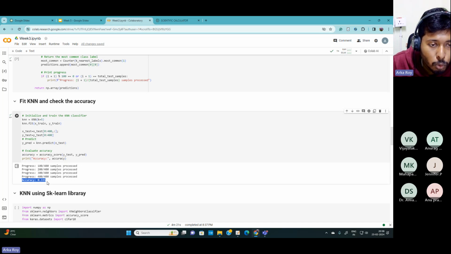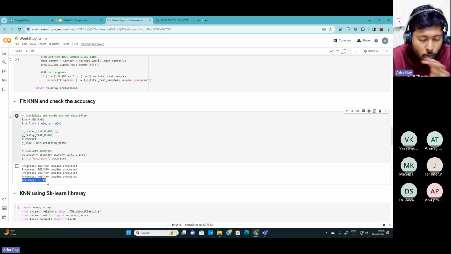If you show more instances, your model gets quite acquainted with the classification problem, so it will solve the problem better. Because I have restricted myself to 400 images, you can see that the accuracy is quite low, 33.5% only. So you can use all 10,000 images and see what the performance is. And you can change the value of K as well.